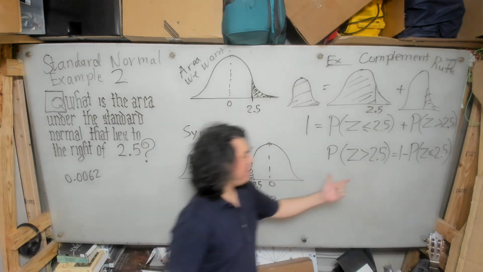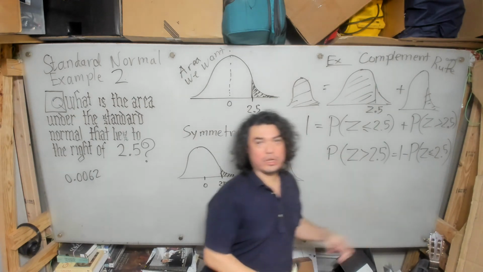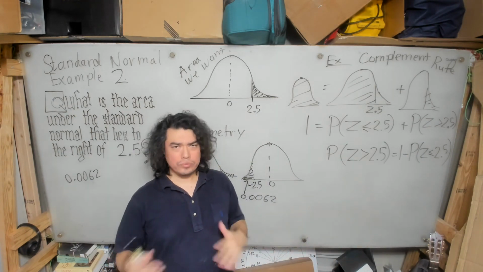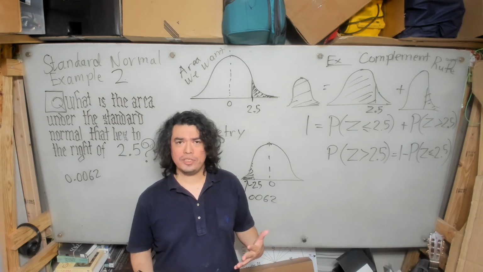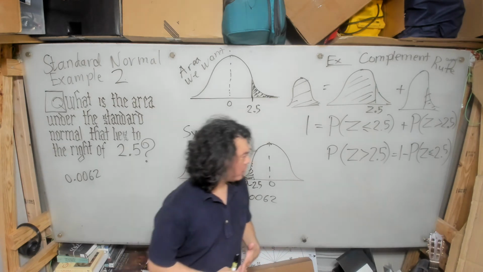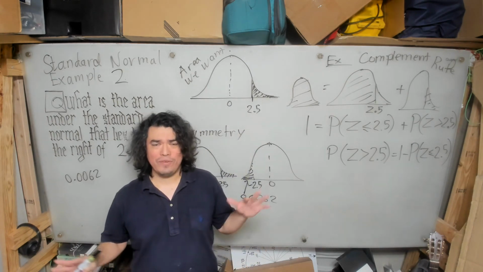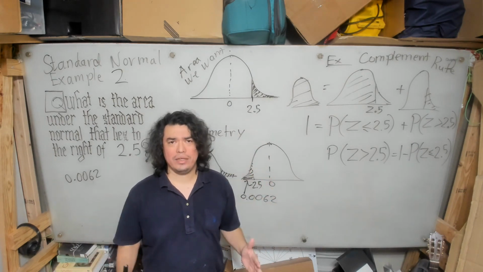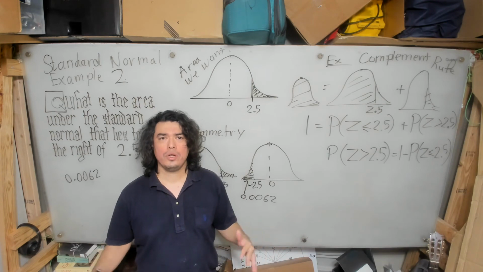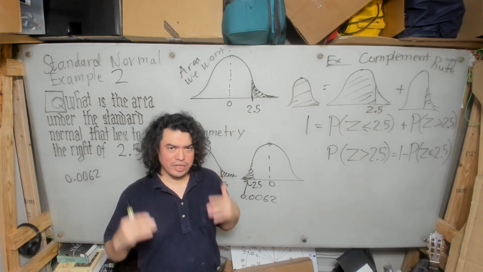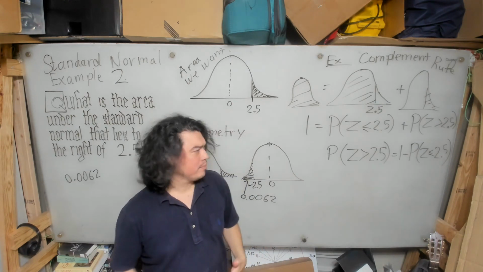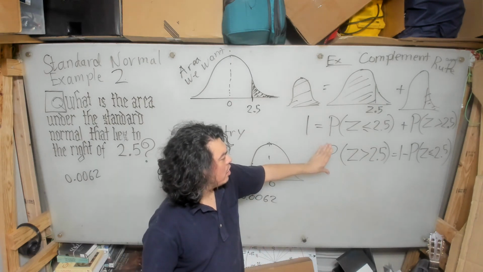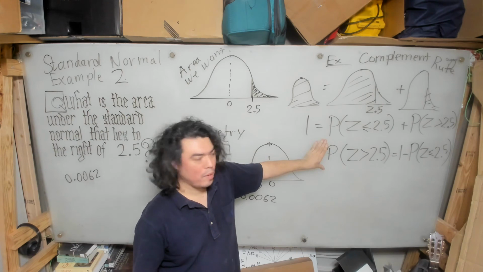If we have two events that together constitute all the possibilities, there's no possibility that is not covered by these two. Any possible value that the standard normal can take, which is any real number, does satisfy one of these inequalities. So these two inequalities capture the whole space. So this is exactly the complement rule applied to this problem.